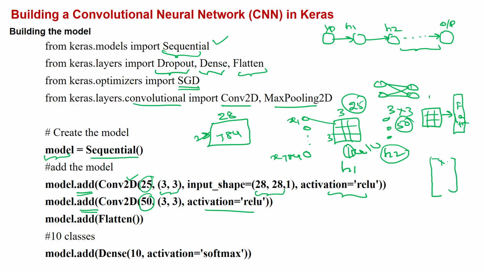So here x1, x2, etc., xn. Then we are going to create 10 neurons in a dense layer, fully connected layer. We are going to add this fully connected layer which has 10 neurons. Then, since it is multi-class classification, we are going to add a softmax classifier here.